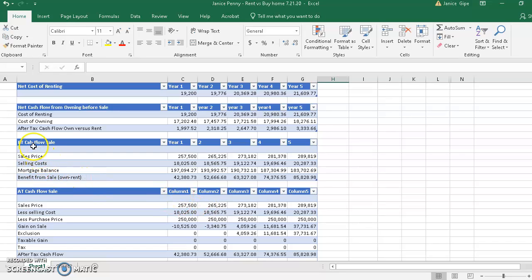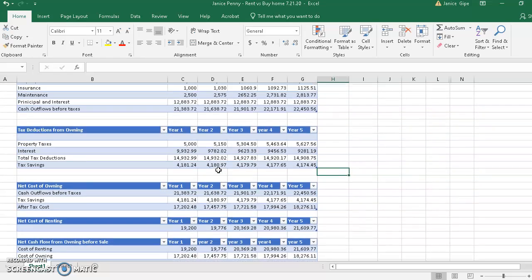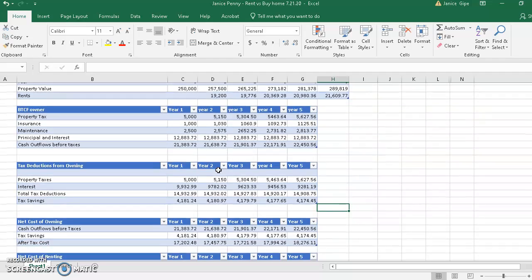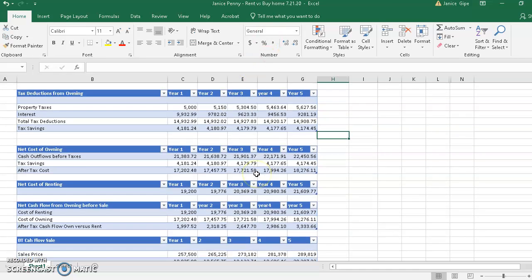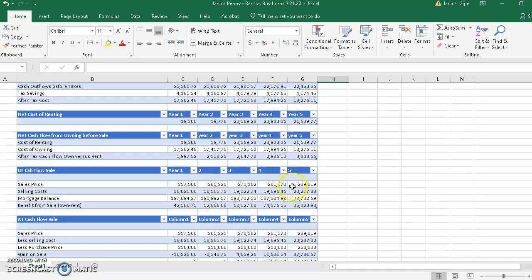So the before tax cash flow sales price was $257.50, and that came from right here, the $257.50 up right here, the property values right there, the selling cost, which is 7% times this number the whole way across.